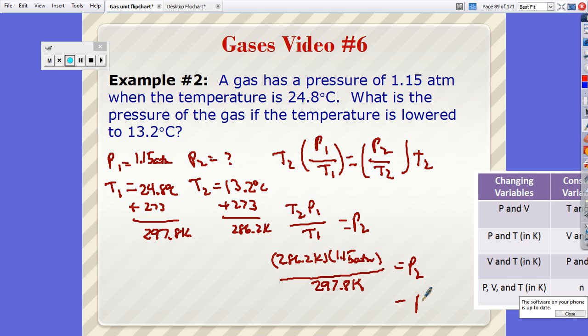And when I'm done, 286.2 times 1.15 divided by 297.8, Kelvins have canceled, I get a total of 1.11 ATM.